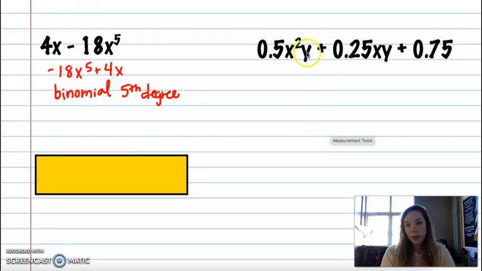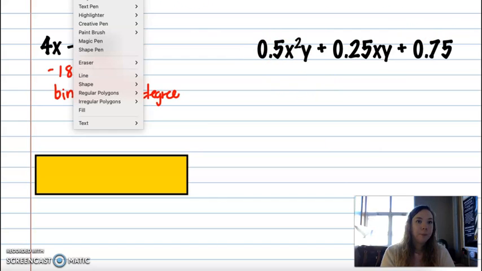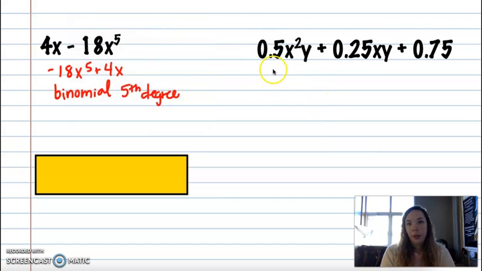This one's already in standard form because you have your highest to your least exponent. This would be 3 terms, so we would call it a trinomial. And then when you have more than one variable, you really need to add these exponents together.